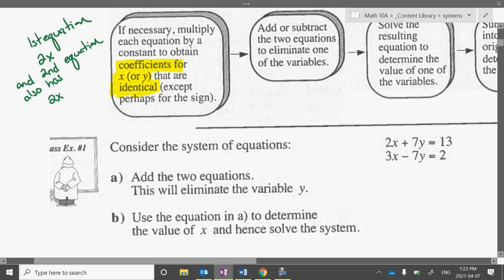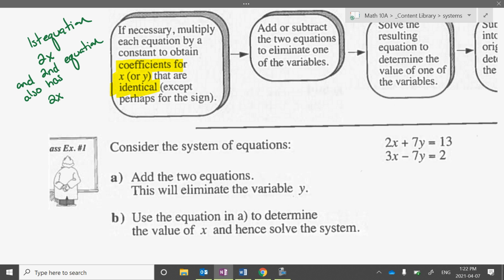Or it could be they both have 4 y's. Both equations have 4 y's. Both equations have negative 2 y's. But they have the same coefficient in front of the same variable. Does not matter what that coefficient is, but it just has to be the same.